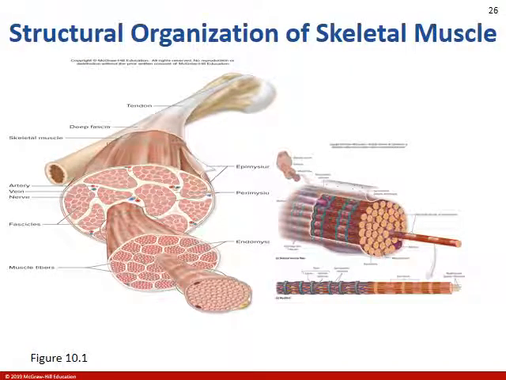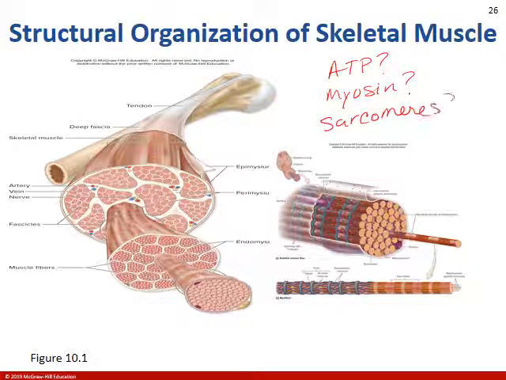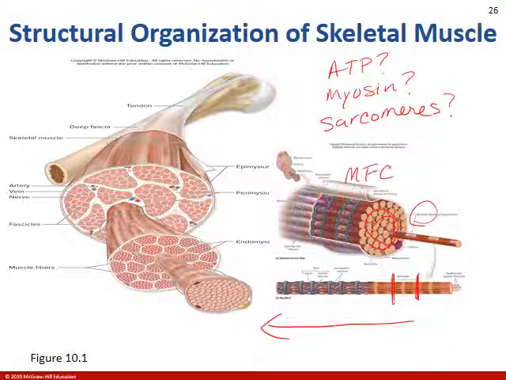I want to make sure we're getting the big picture of what's happening here. So how much ATP am I talking about? How many myosin heads? How many sarcomeres? So remember, sarcomere to sarcomere, and there are several that run the length of this myofibril. And then we have tons of myofibrils inside one muscle fiber cell.